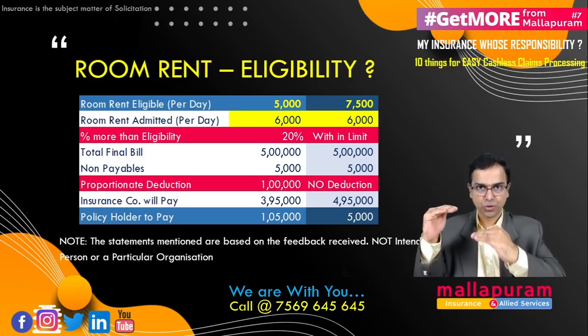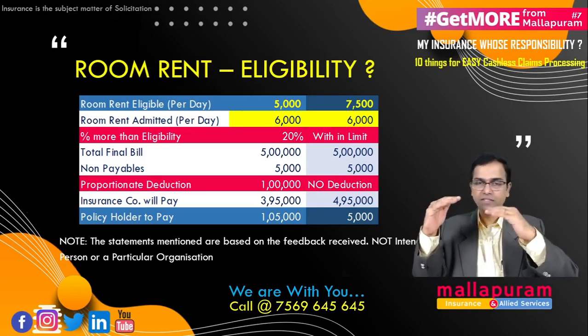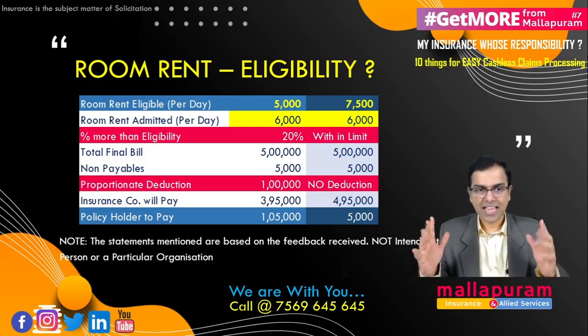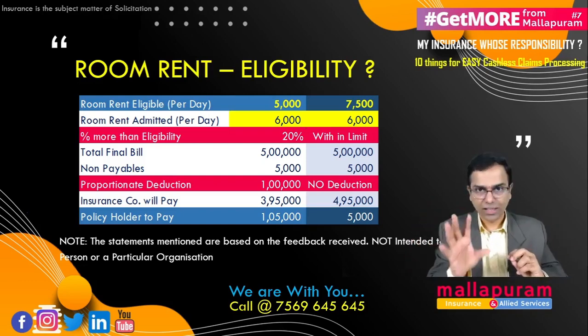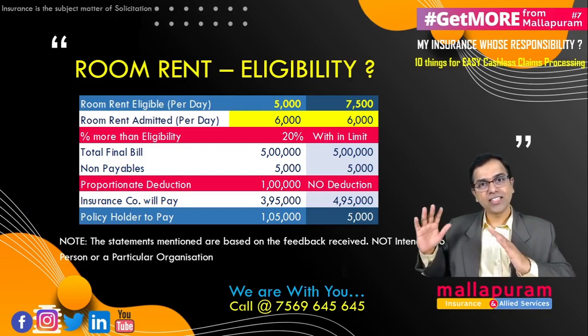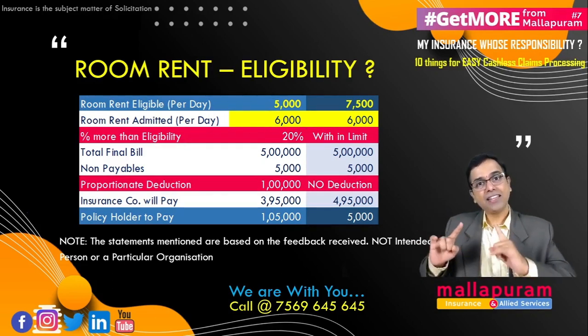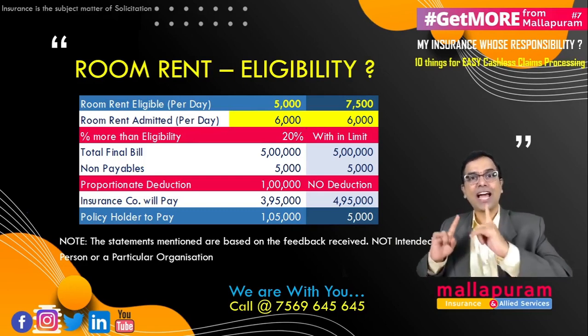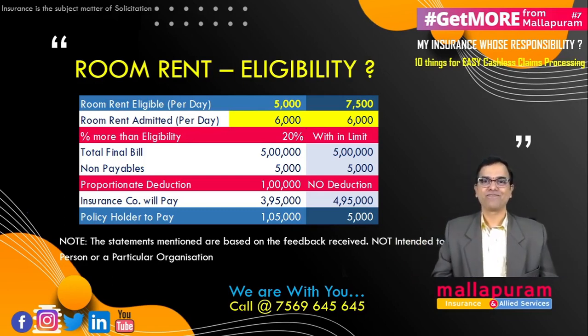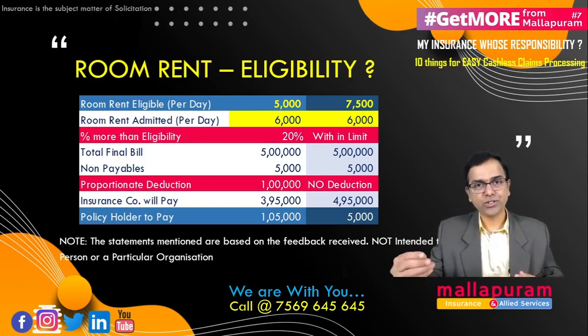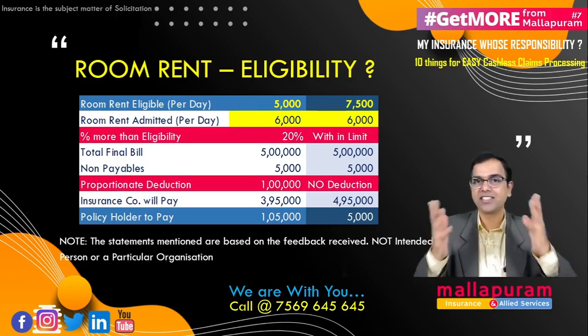If the final bill is 5 lakh rupees and non-payable items are 5,000 rupees, the insurance company will deduct that non-payable 5,000 and pay the entire 4,95,000 rupees. So you need to pay only 5,000 rupees and get discharged from the hospital.